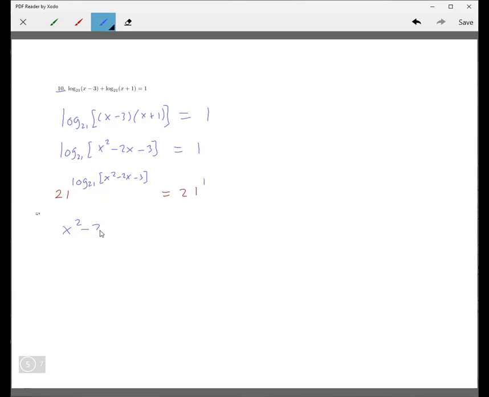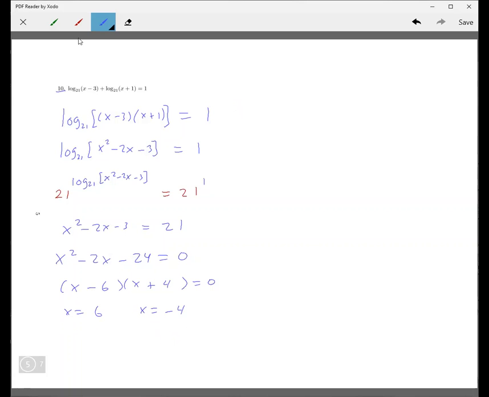We just have x squared minus 2x minus 3 equals, and this 21 to the 1 is just 21. Okay, now subtract 21 from both sides. You have minus 24. We can factor this into minus 6 and plus 4. Okay, so this gives you 6, this gives you negative 4.